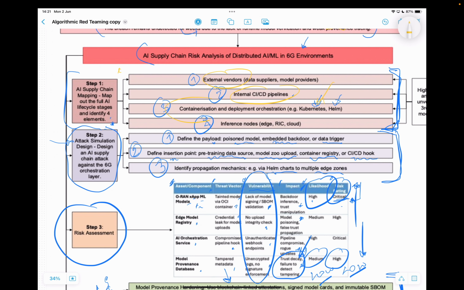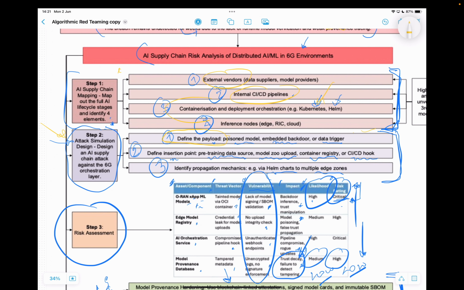Then step 2, we're looking at the attack simulation design. So how did we design it? Why did we design it? Well, first is the insertion point. In literature it is described as the insertion point.